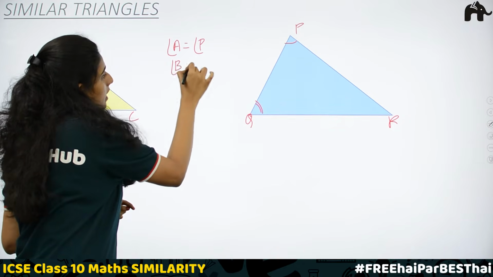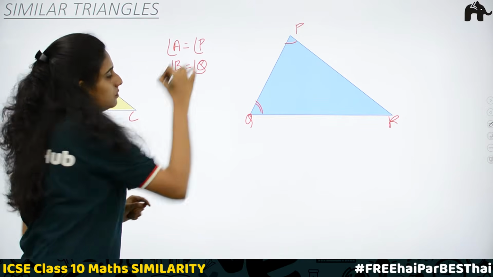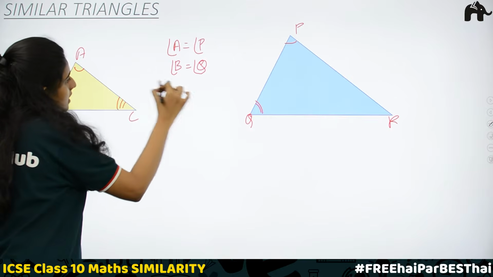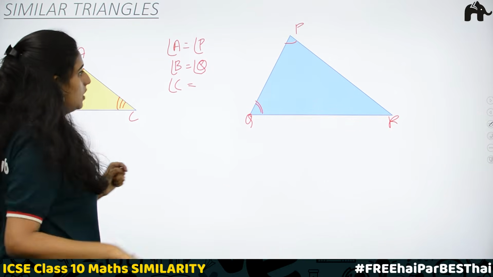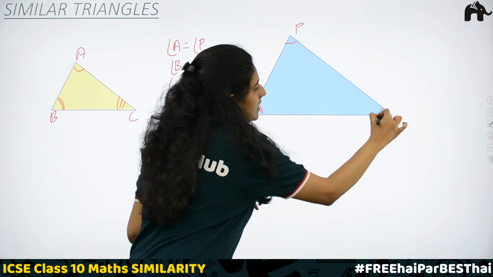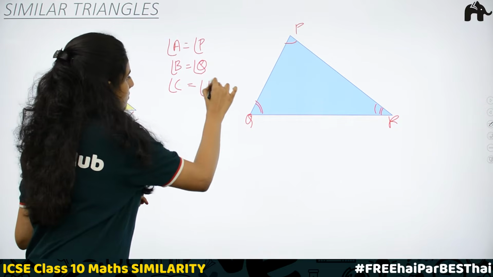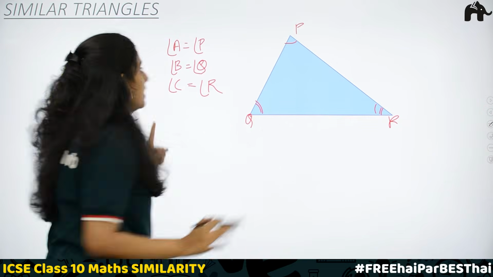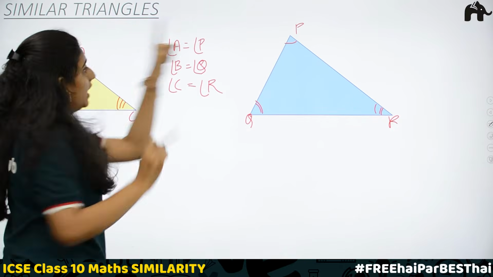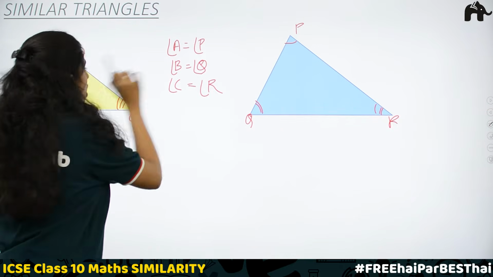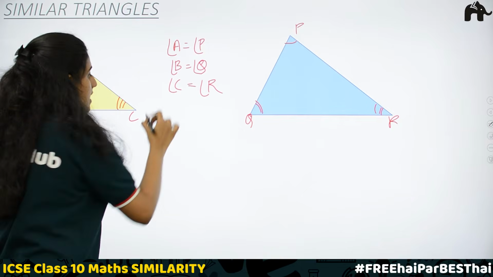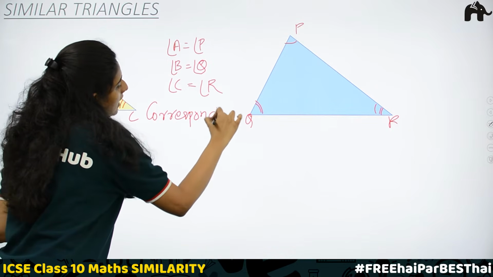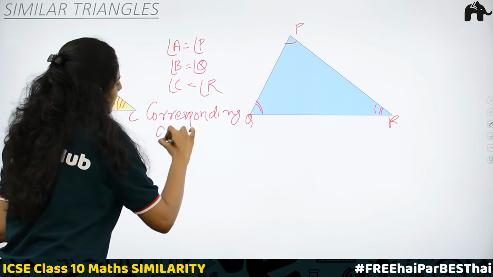Angle B equal to angle Q. Also, this third angle C should be equal to this third angle R. These angles, with respect to A, here we have P, we call them corresponding angles. So, corresponding angles should be equal.